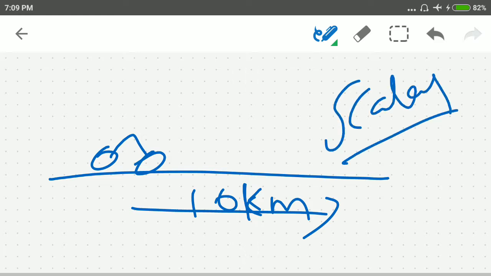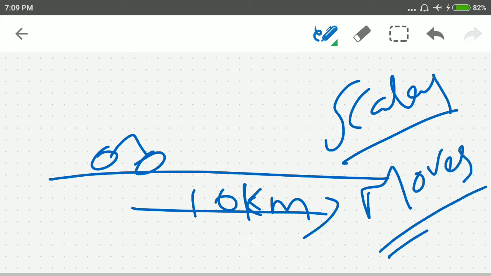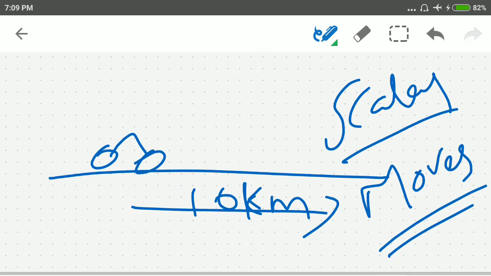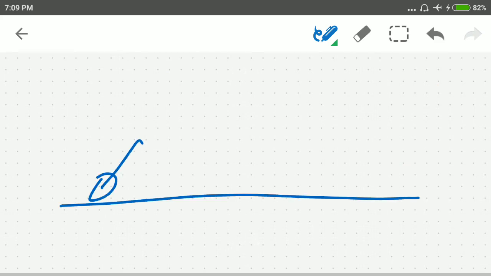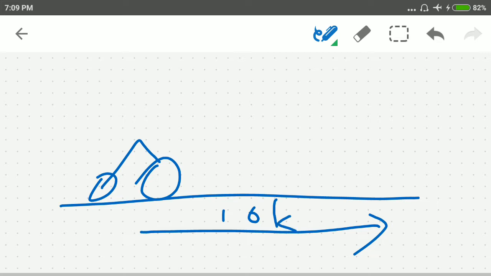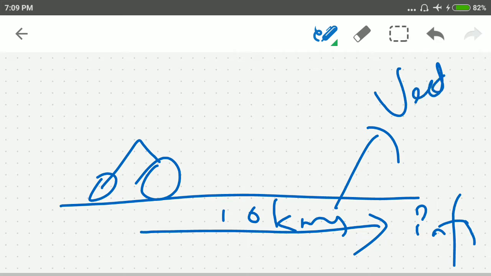And here you use the term moved, it has moved 10 kilometers, in such a way. When you state the same, like the bike has displaced 10 kilometers in the forward direction, this is a vector, since it has both magnitude and direction.